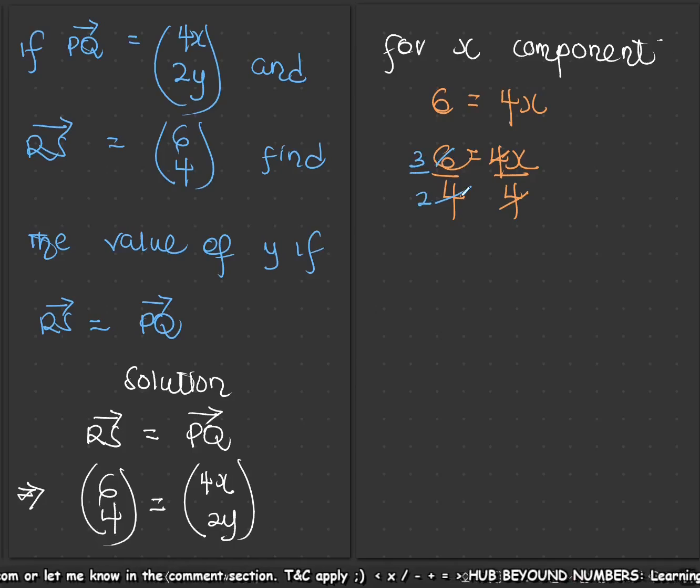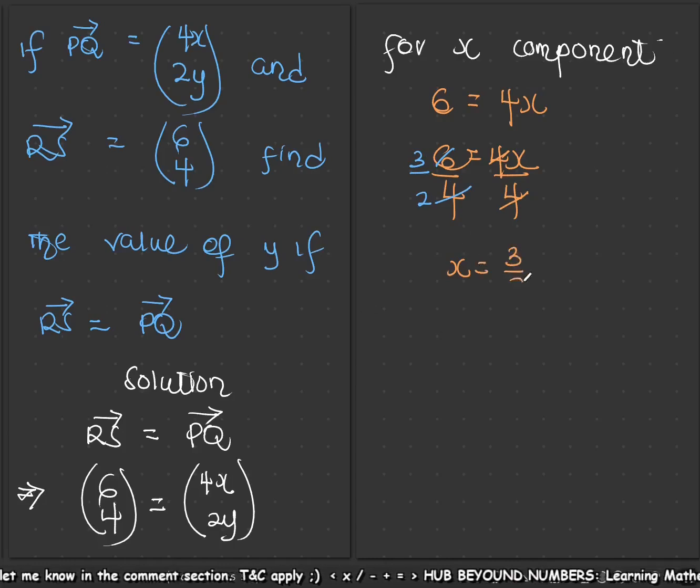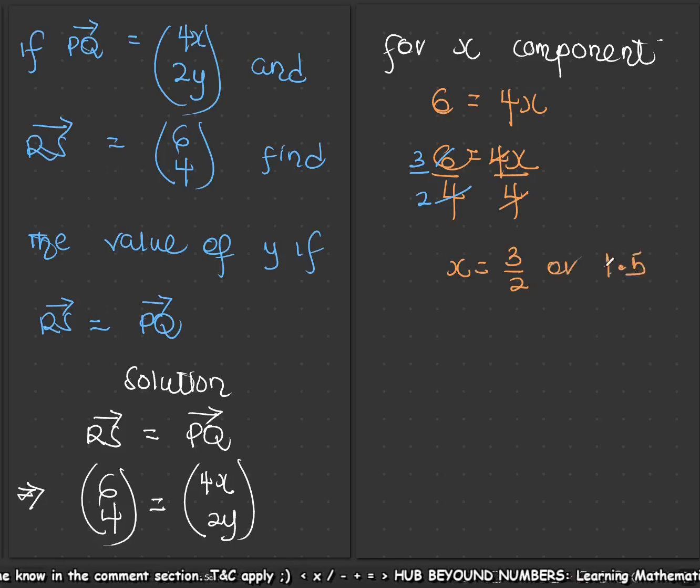So we can then say the x we are looking for is actually equal to 3 over 2, or you can just say 1.5. That is it for the x.